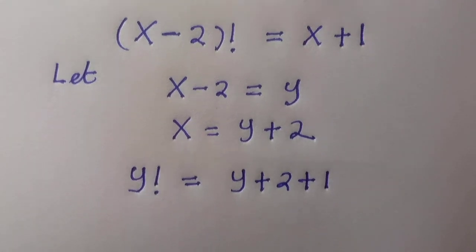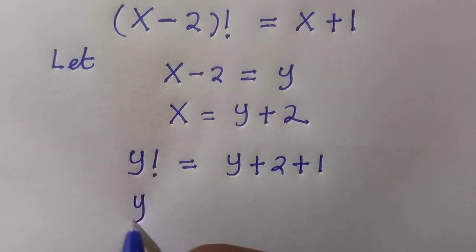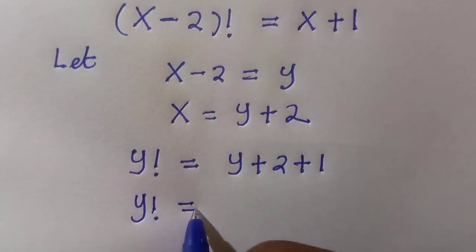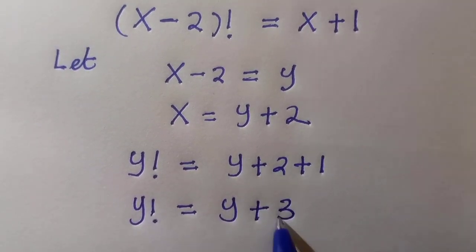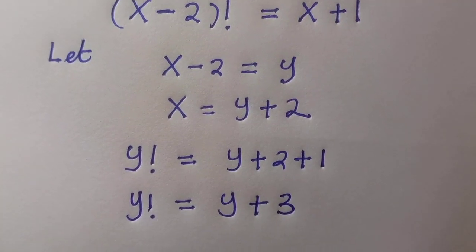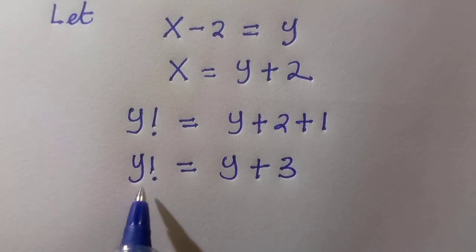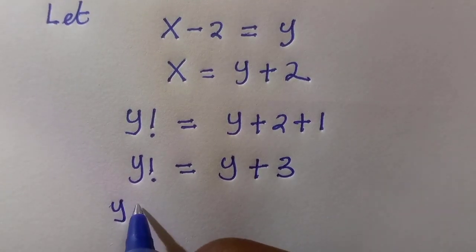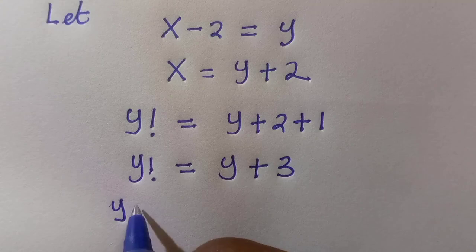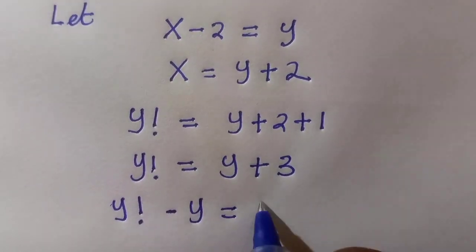Again, we are going to have y factorial equals y plus 3. The next thing is by taking y to the left hand side, and we write y factorial as y times (y minus 1) factorial, equals 3.